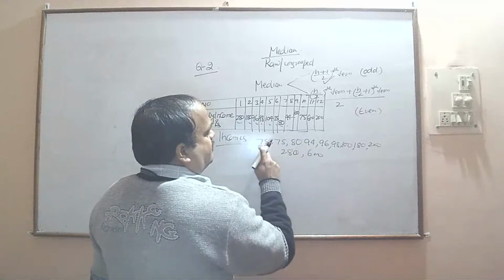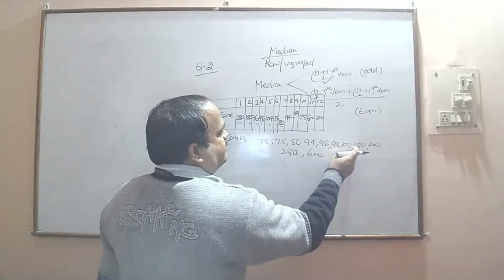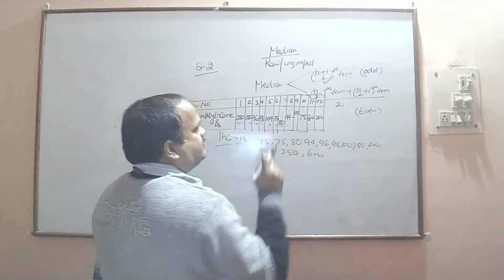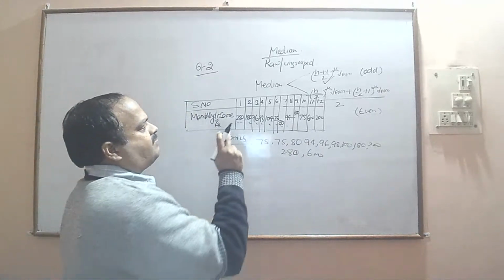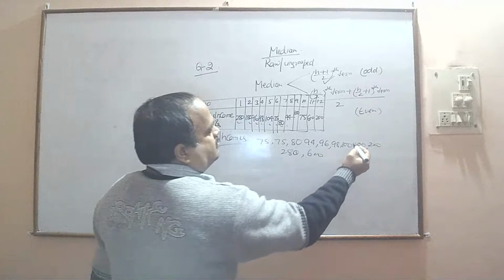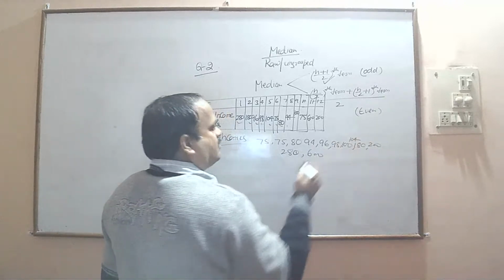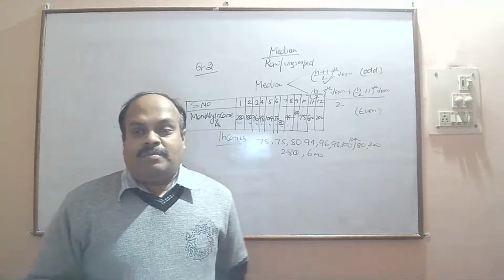Let me count: 1, 2, 3, 4, 5, 6, 7, 8, 9, 10, 11. One is missing: 104. So we have 12 observations.